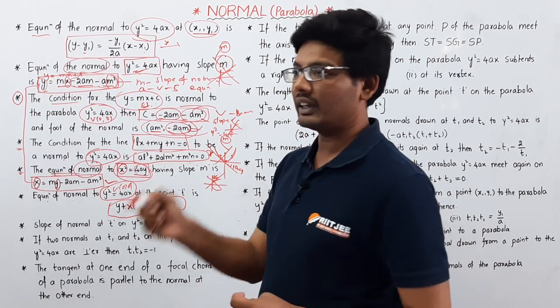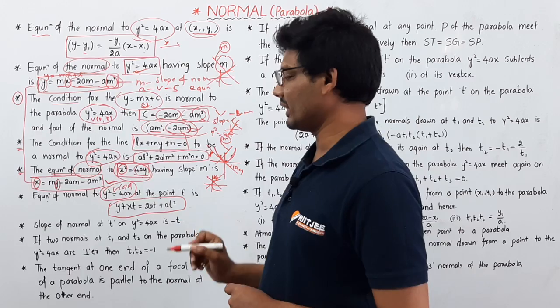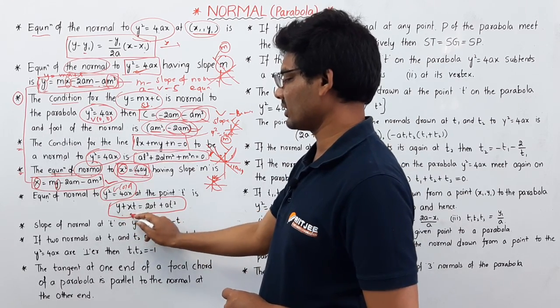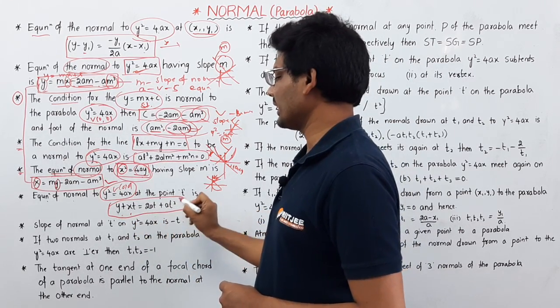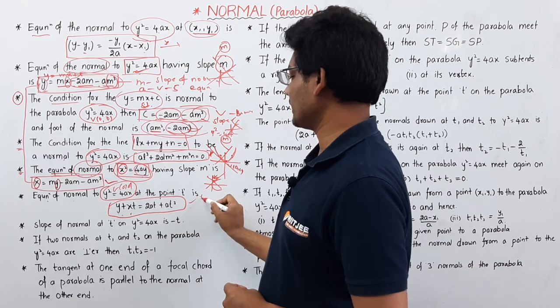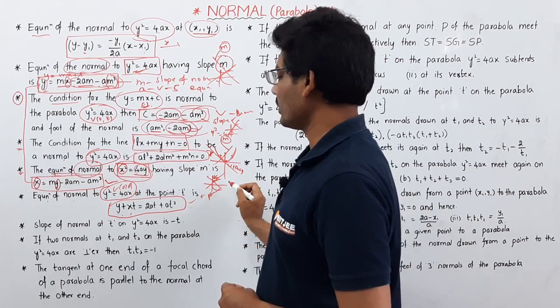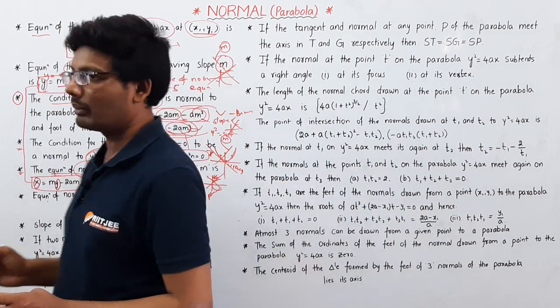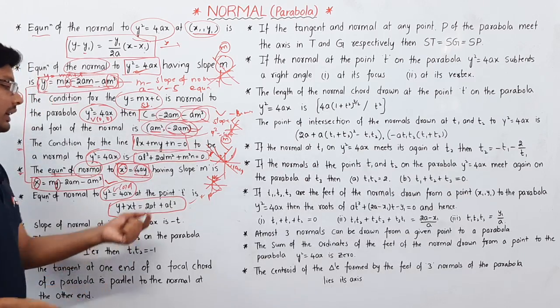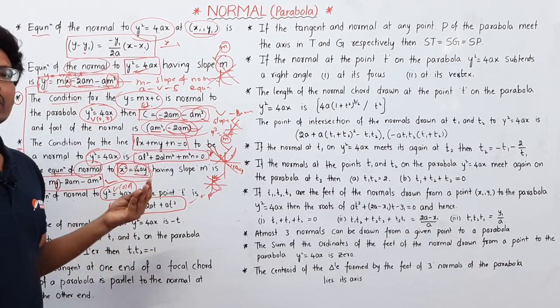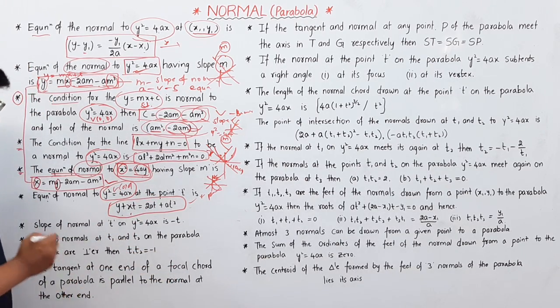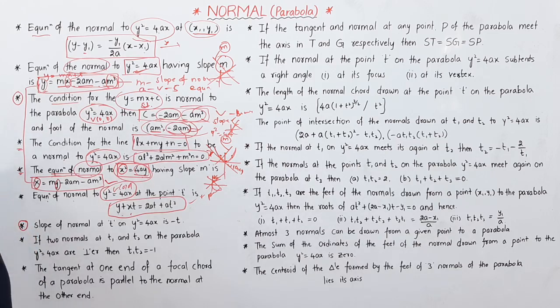If you want to find the equation of the normal at point t, the condition is y plus xt is equal to 2at plus at cube, where t is the parametric form of the parabola. You have to remember this expression to find the equation of a normal when t is given. And the next point: the slope of a normal at t on y square is equal to 4ax is minus t.